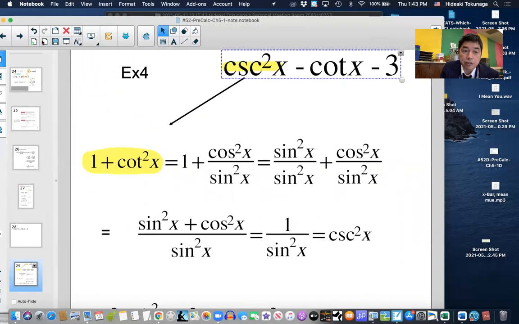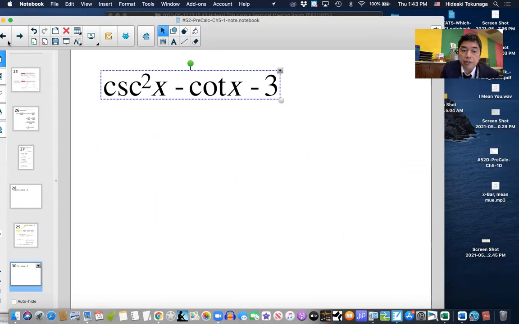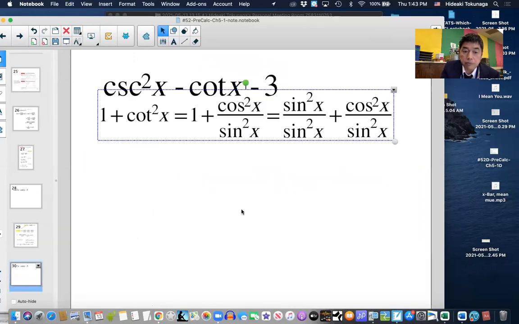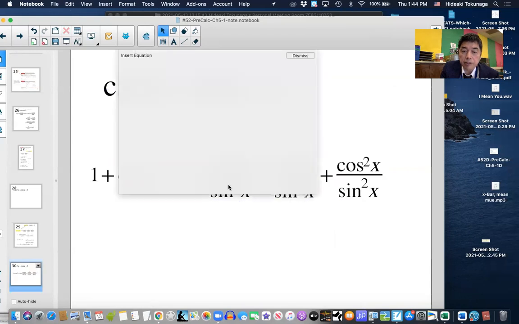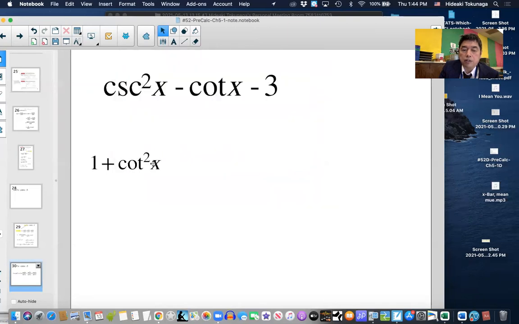Let me use the next page, and let me erase this. Now you notice this right here is equivalent to this.